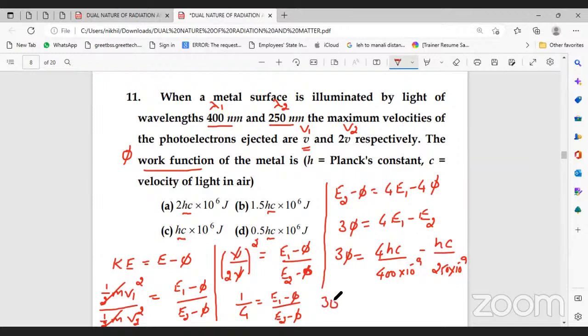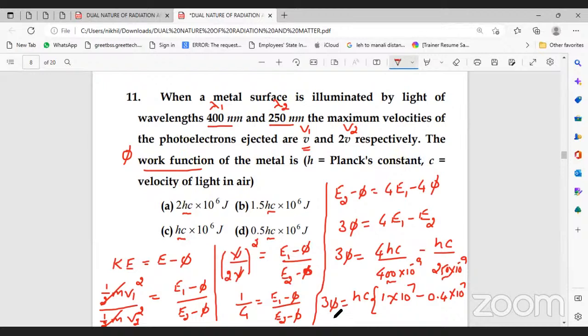The common term is hc. What is 4 by 4? 1, into 10 power 7. If I shift this 250 as 2.5, I will get 10 power 7 only. What is 1 divided by 2.5? It is 0.4.